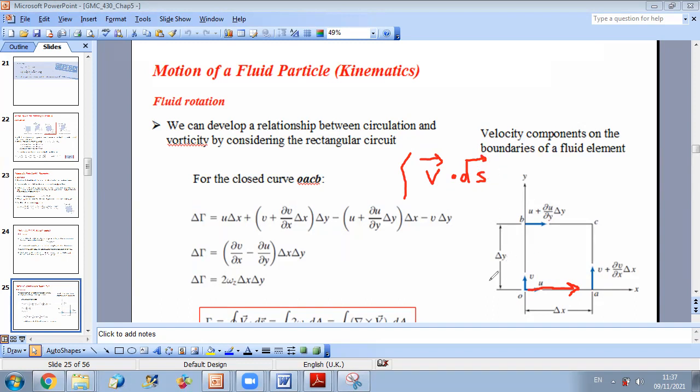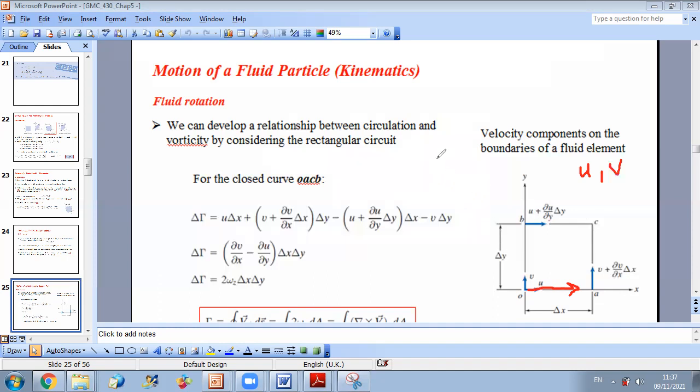So this means if your flow is defined by u and v, you have a 2D flow in this case. You select any closed curve and you want to calculate the corresponding value of circulation along this curve. Then when you move along the curve, you should do the dot product of the velocity at this location with ds.